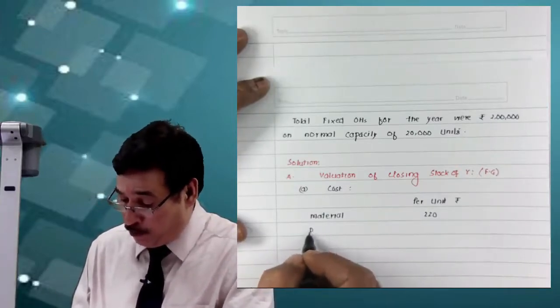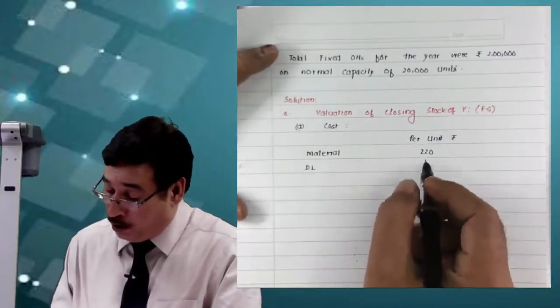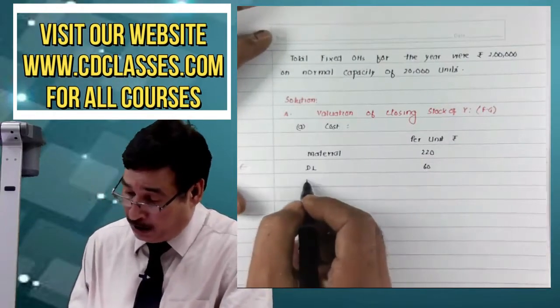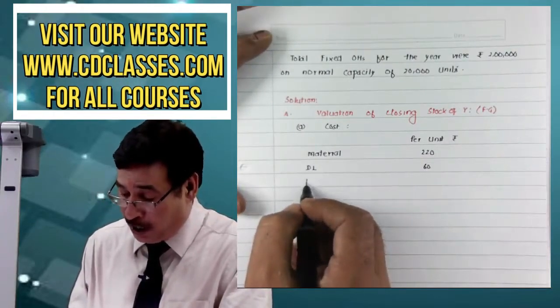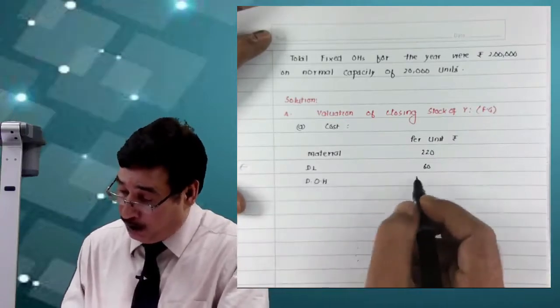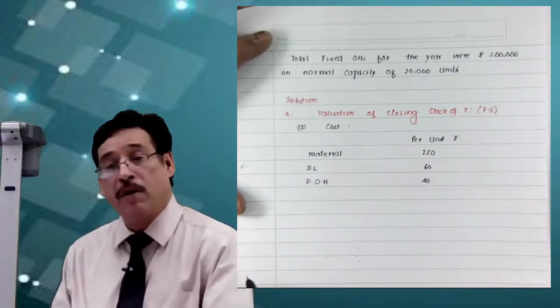Then direct labor was there. Do you remember? You told me direct labor 60, in fact. And what was the other cost? Direct overheads were 40 per unit.